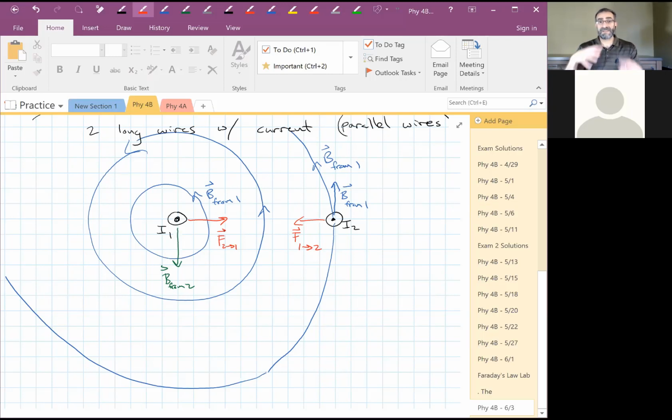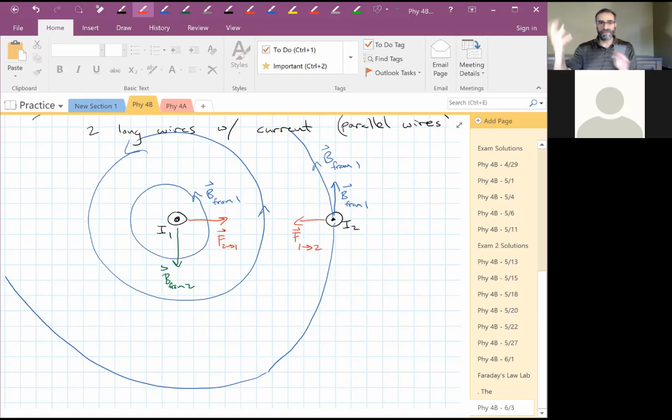Draw out the magnetic field from one wire at the location of the other wire, right? You just say to yourself, all wire 1 is doing is filling the space around it with a magnetic field. Wire 2 is carrying a current in a magnetic field, and it feels a force because of that.